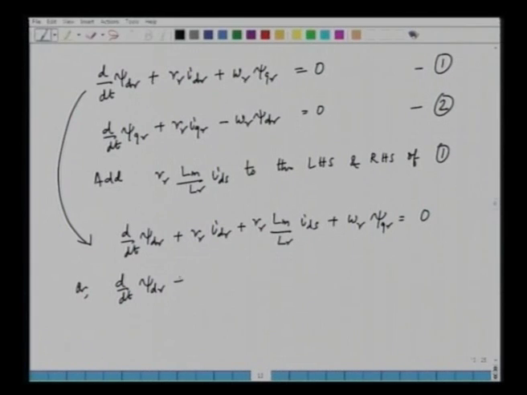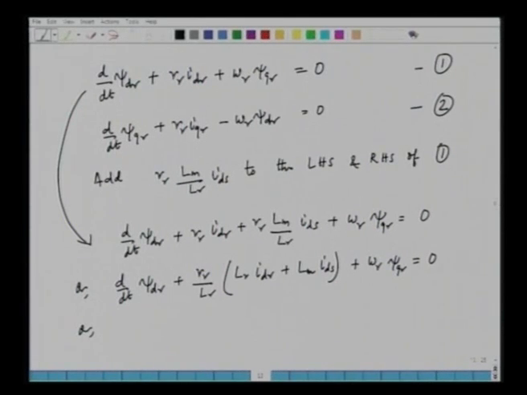What we will do here, we will take this RR by Lr common. So, we have here Lr into IDR plus Lm into IDS plus omega r psi qr, that is equal to 0.